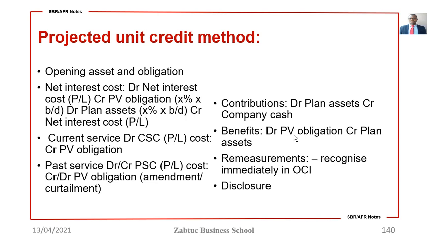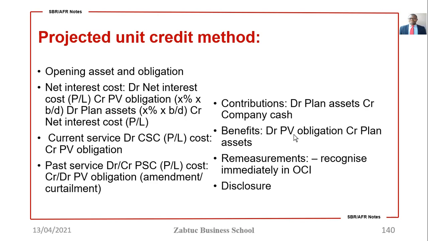All right, when we pay out benefits, the plan obligation, the present value of the obligation, will be reducing, and the fair value of the assets will also reduce. So you debit present value obligation and credit the plan assets. Then we have got remeasurement. Under remeasurement, please get this one right.